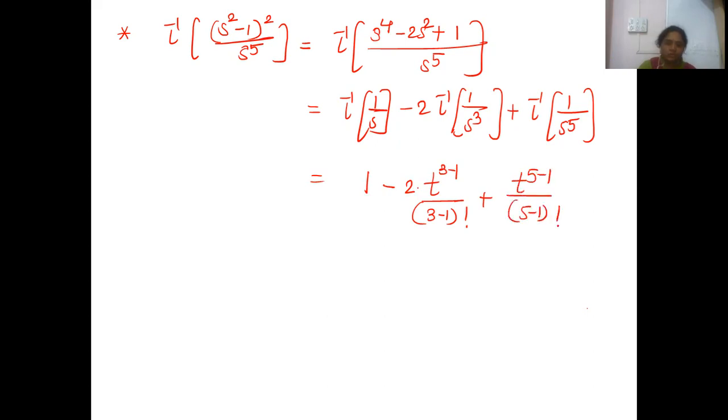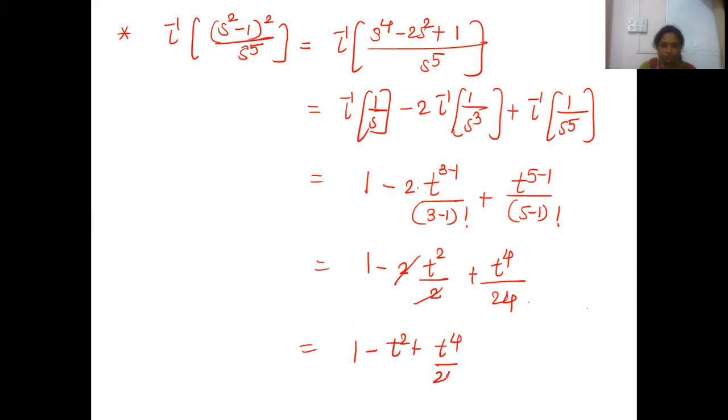Very good. So it is 1 minus 2 t square by 2, the 2 cancels, plus t raised to 4 by 4 factorial. This is your answer.